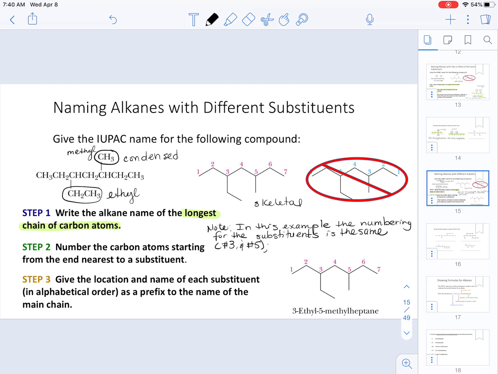Because of that, alphabetical order of substituents will determine the correct numbering.